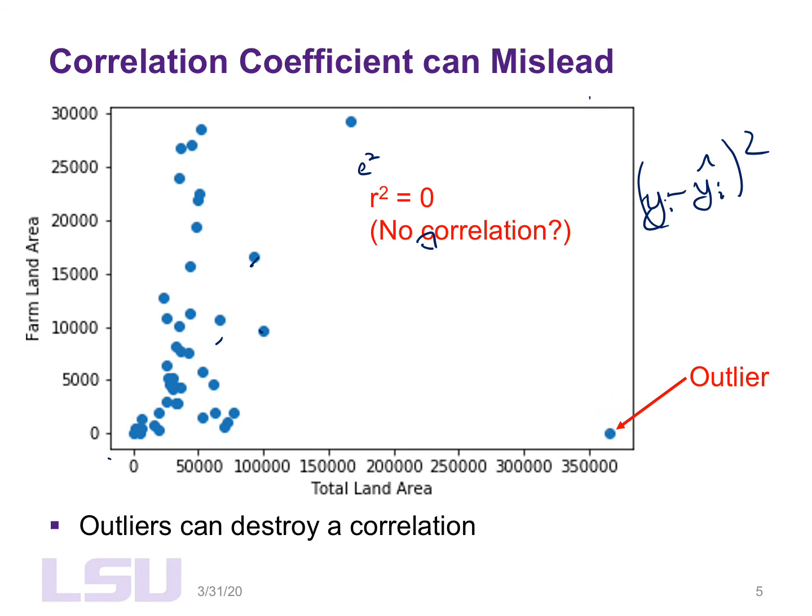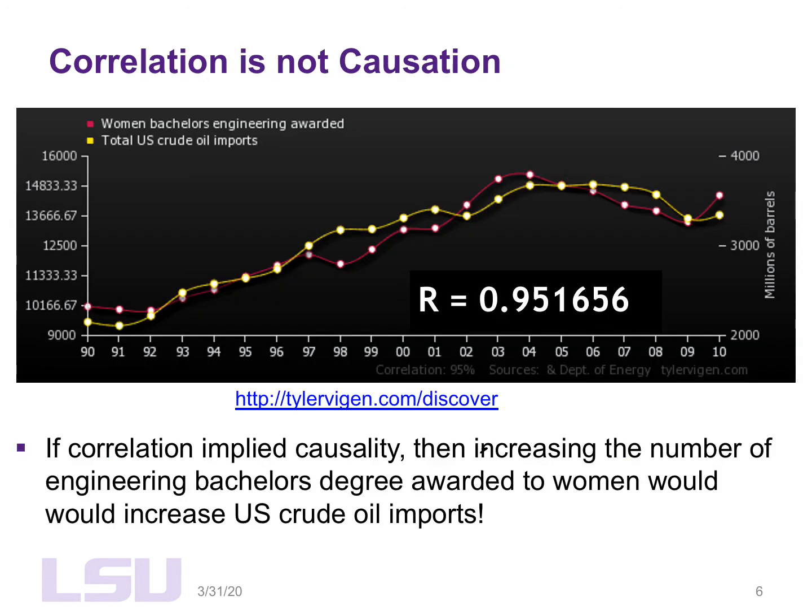If we had first taken out this and this, then your line of best fit could have gone this way, and that would be a better model. So that's one weakness of linear regression, and also the use of the correlation coefficient. Very vulnerable to the presence of outliers.